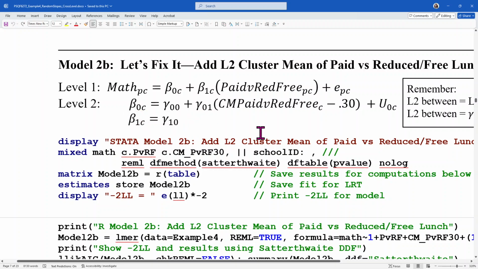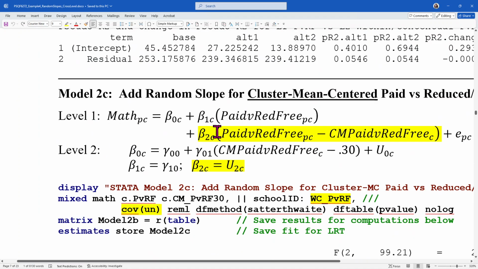Now, where does it go if we add a random slope? Where does it go with respect to the equation first and then the code? Yep, it will go right here. That's where we'll go. So let's make it happen.